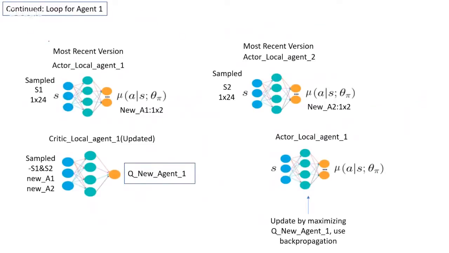Now you have to first get the most recent version of your actor local agent, and input the sampled state to the actor local agent and generate a new action here, new A1, which is of 1 by 2 shape.